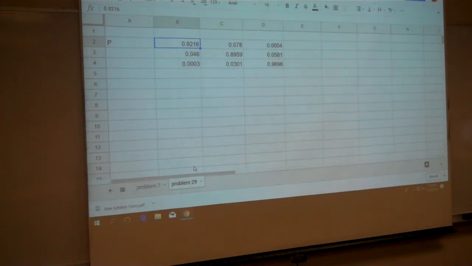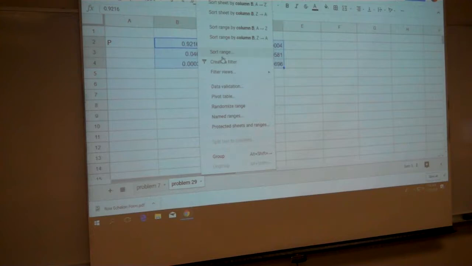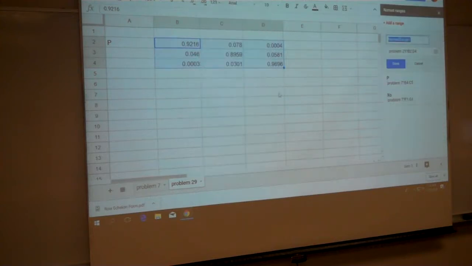Okay. We know we want to have this matrix here, and we want to call this P. Now, Google Spreadsheet actually hates it if you have 2 ranges called the same thing, so I have to be a little bit awkward here. Let's call this one something slightly different. I'm sorry, you have to do what you gotta do.